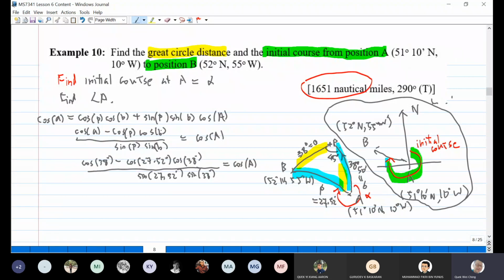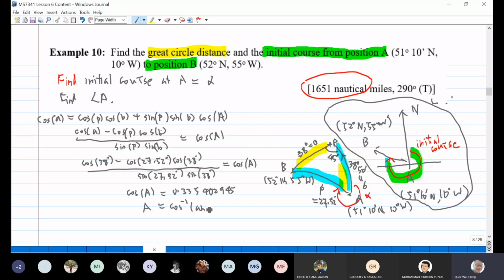So from here, you get cosine A is equal to 0.33540 2945. Okay, doesn't matter to write so much, just shift cosine to get the answer.